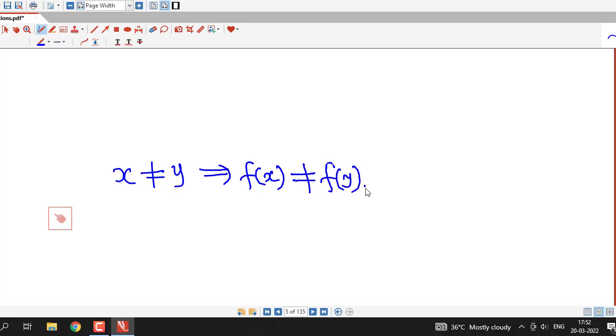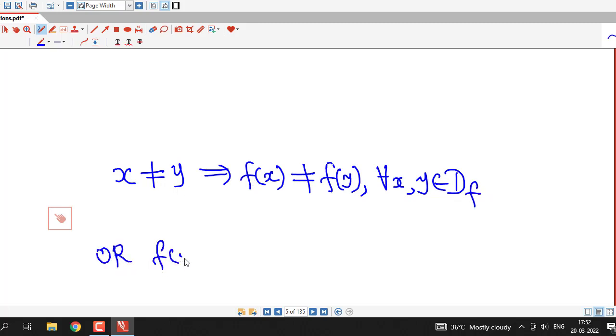Okay, so it is very easy to prove that given function is one-to-one. We have to just remember these two conditions. If x is not equal to y implies f(x) is not equal to f(y) for all possible values of x and y in the domain of f, then function is one-to-one.